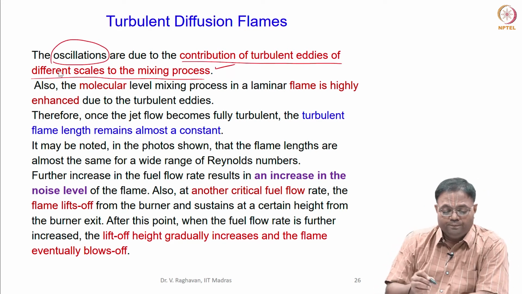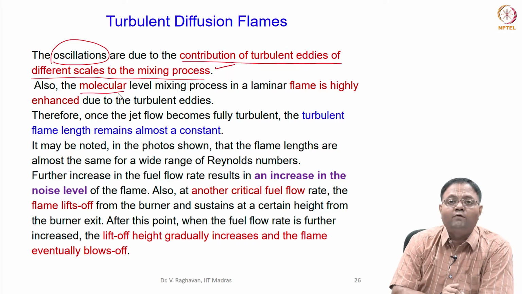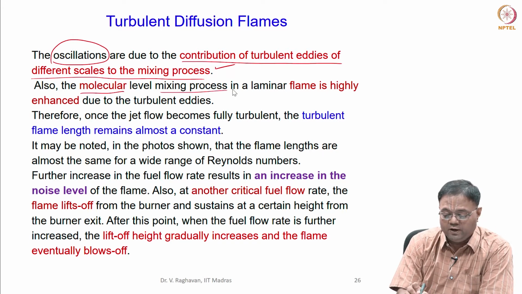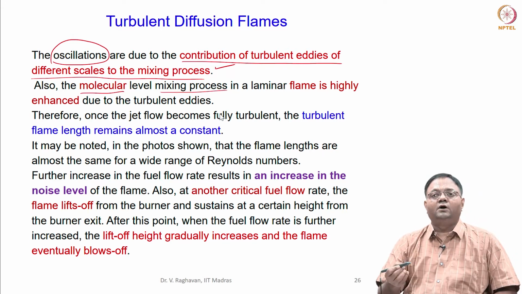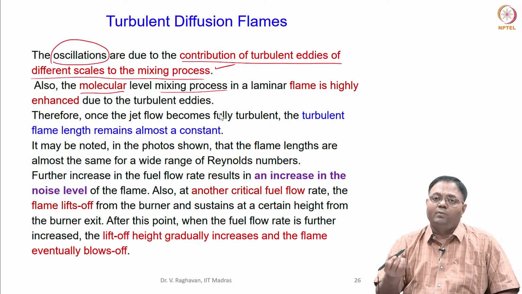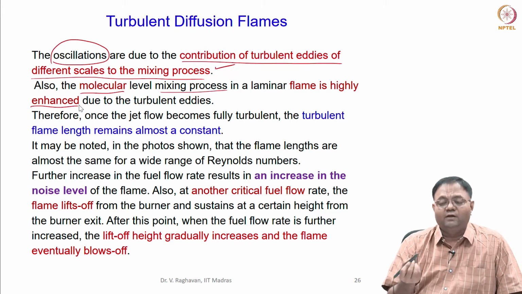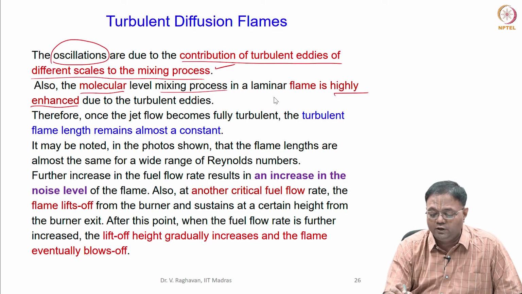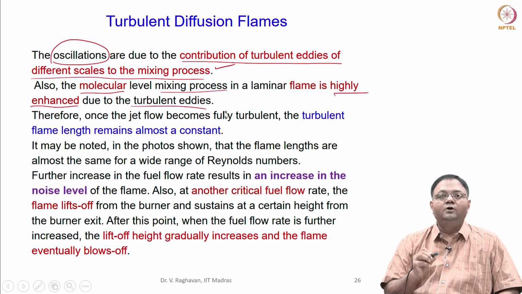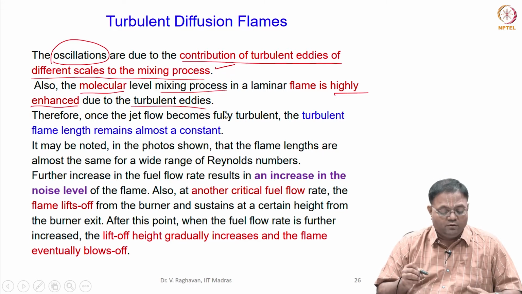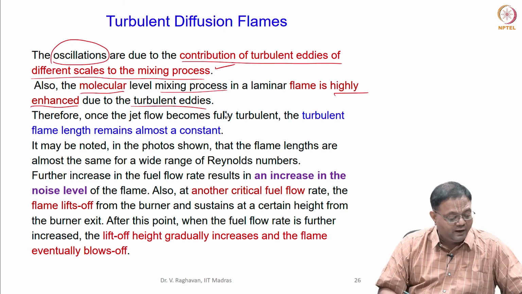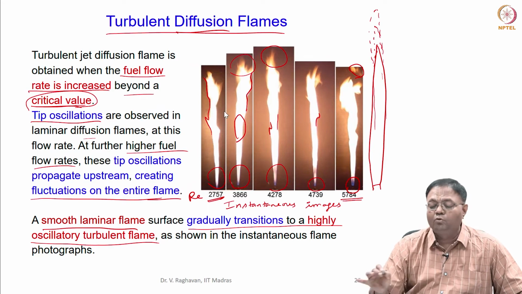Now, at the molecular level of mixing, the molecular diffusion coefficient, or molecular diffusivity, will be highly enhanced due to the turbulent eddies. This is the reason why we can see that the length is almost the same.